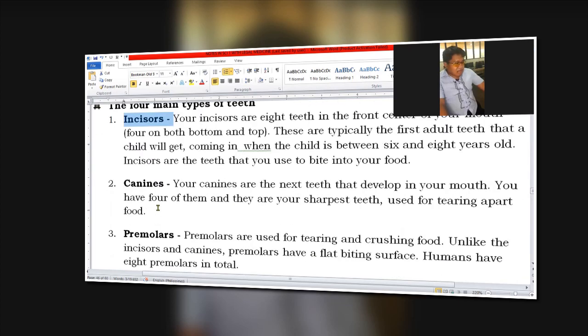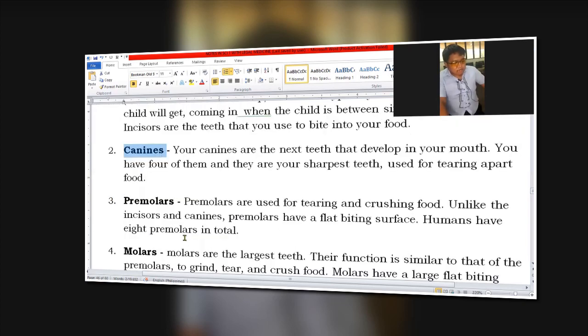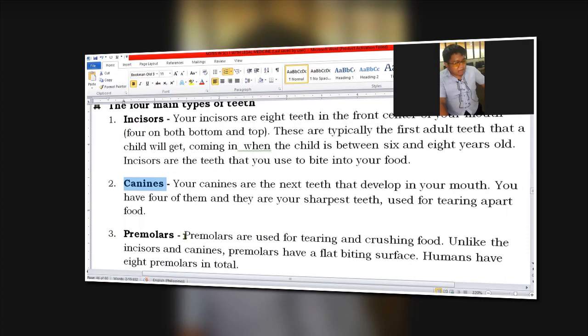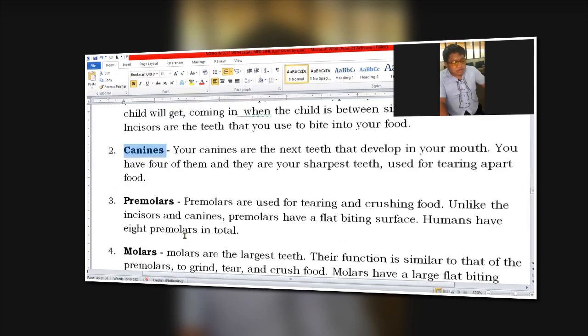Then canines. Those are the pointed ones, like a vampire. Then premolars. Then molars. So incisors, canines, premolars, and molars.